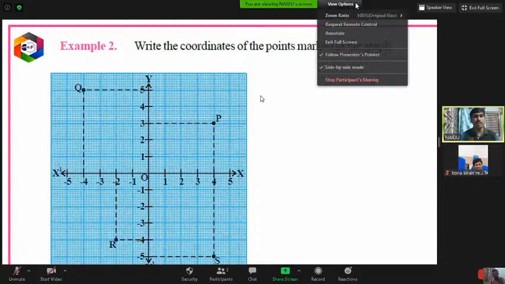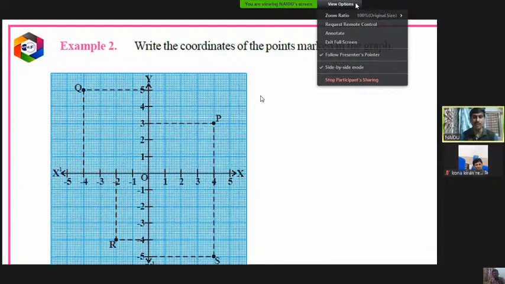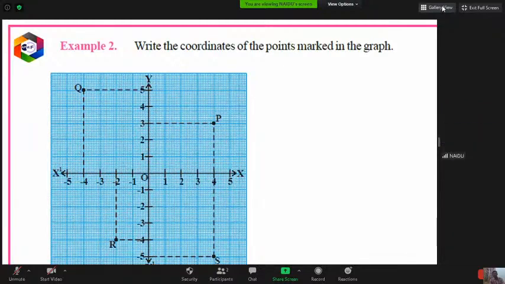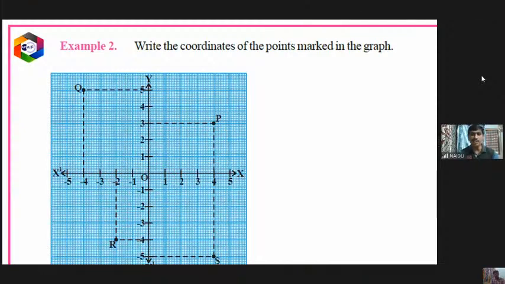Children, let us try it, and it is a simple one, as you have seen now how to name a point. I need the answers, you can respond. I will start with P. Observe P here. So what are the coordinates of P? We have to mention it in x comma y format.